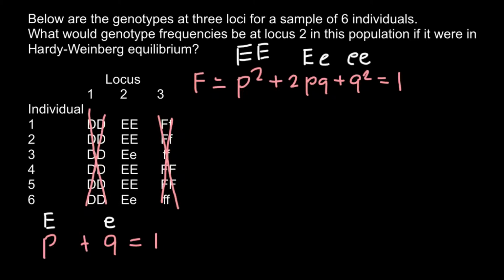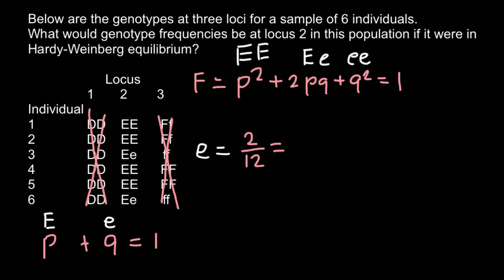So let's do it. And here we see 12 alleles, and recessive allele e is present in 2 copies. So the frequency of the recessive allele e would equal 2 divided by 12. So 2 recessive alleles e divided by the total number of alleles.